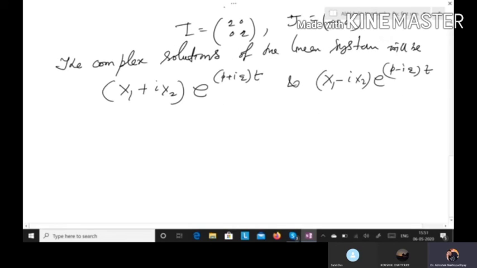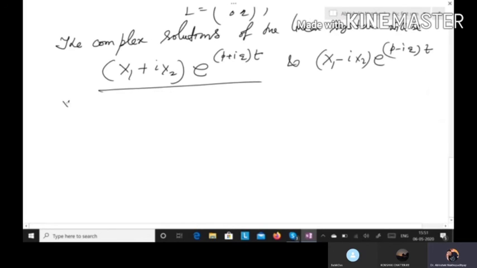Now if we look at these solutions, we can see that (x1 plus ix2) e to the power (p plus iq)t.